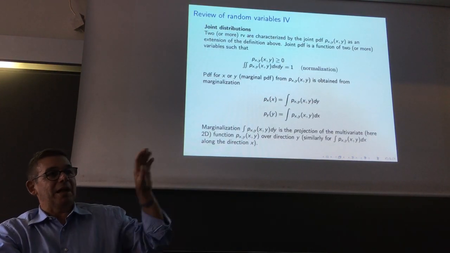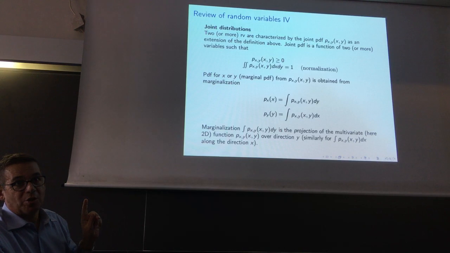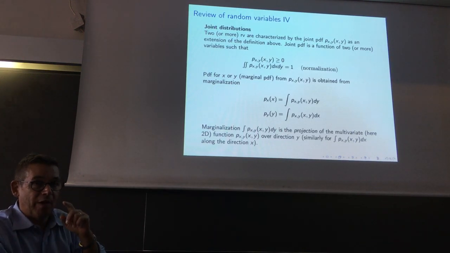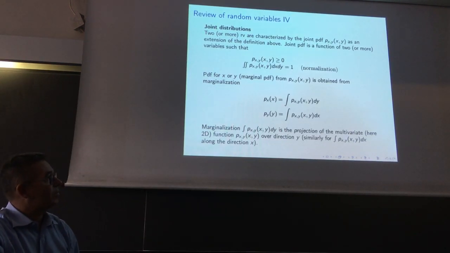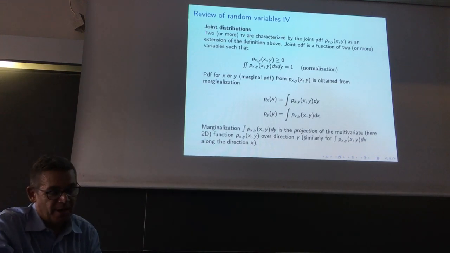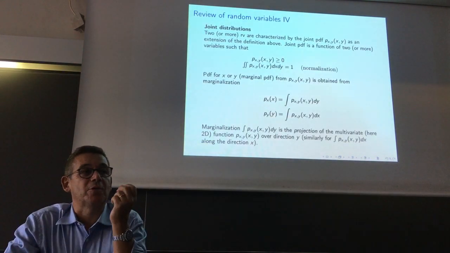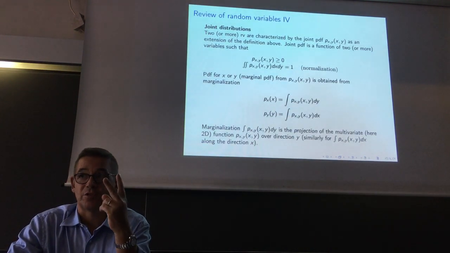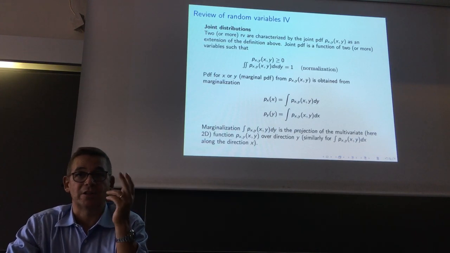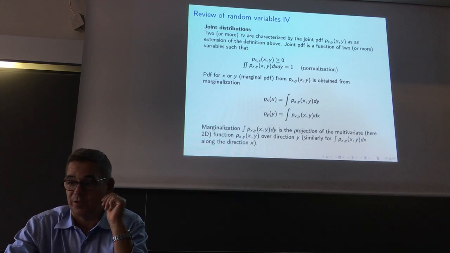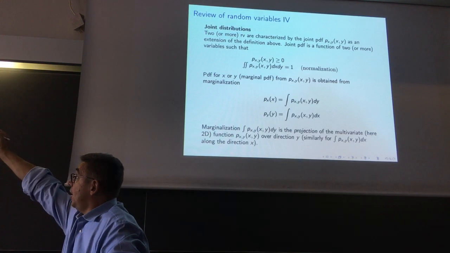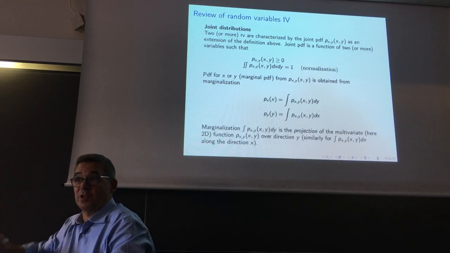Now, up to now I had one random variable, obtained by summing. Now let's consider more than one random variable. Let's assume that I have two random variables. For example, I have a voltage in the top and a voltage in the lower part of the nerve.